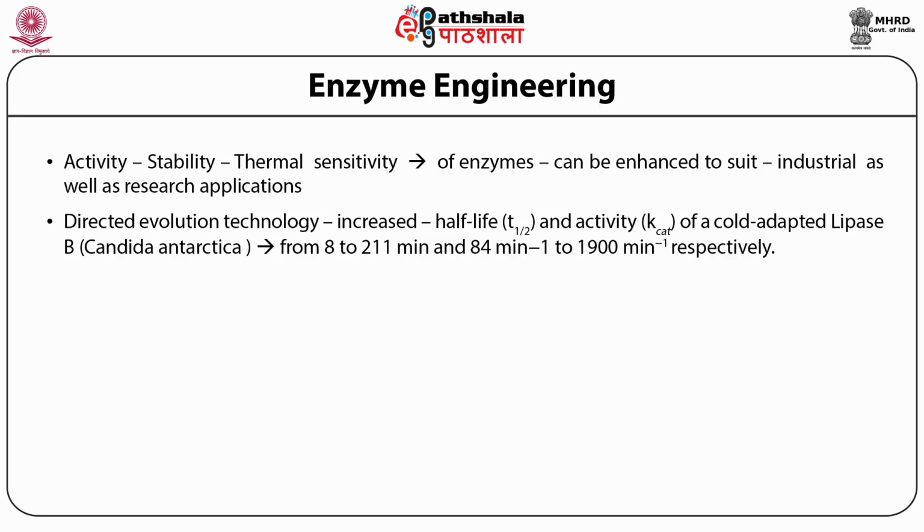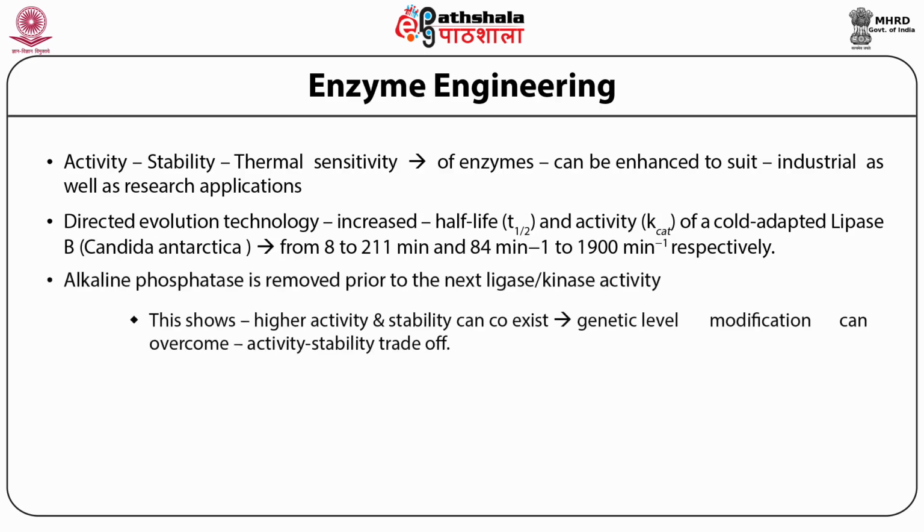So we see that the genetic level modification of these enzymes, using structural information to impact the change in their structure, can lead to improvement in various aspects of these enzymes.